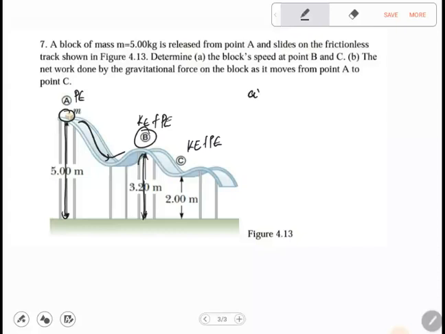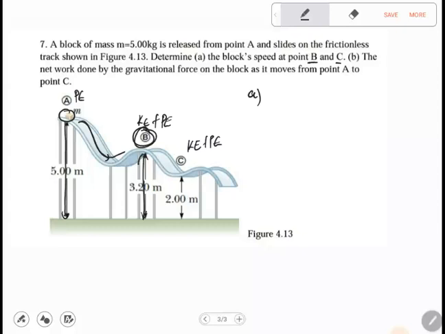We are going to use the conservation of mechanical energy. At B we need to find the change in height. So at B we have the final and the initial, of course.